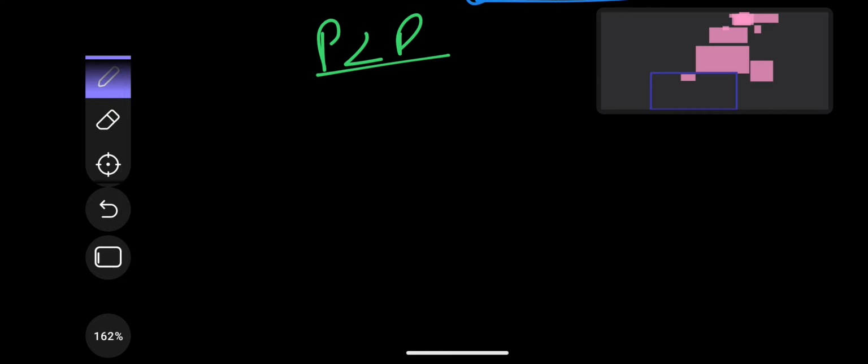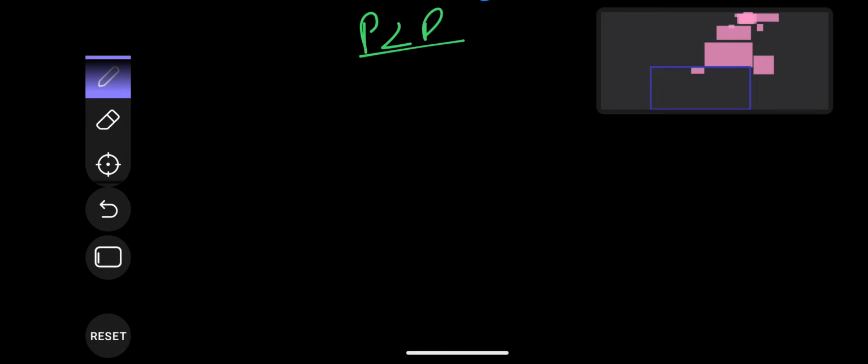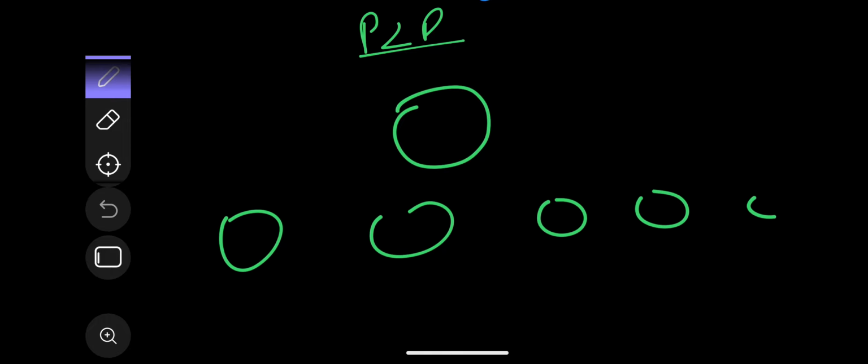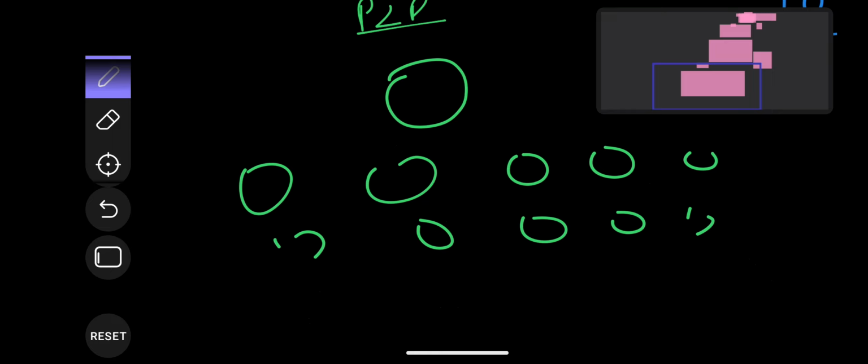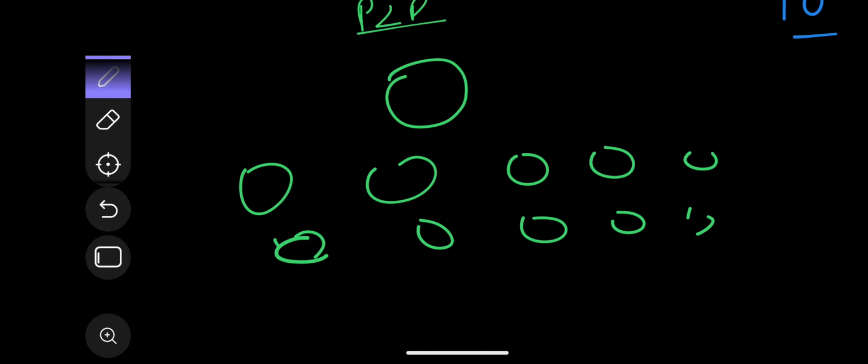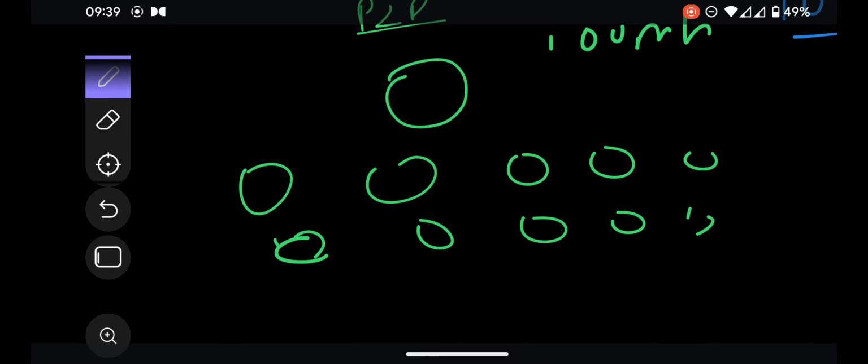So let's take another example. Peer-to-peer network. Now understand this very carefully. You have one central server here for now, and let's say the same 1, 2, 3, 4, 5, 1, 2, 3, 4, 5. You have all the same 5 servers and 5 servers here. Now suppose 100 MB takes 0.01 seconds.